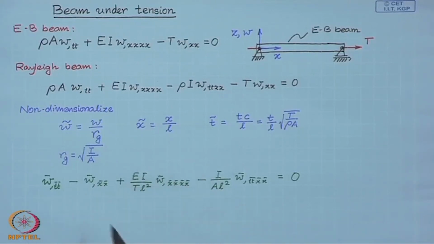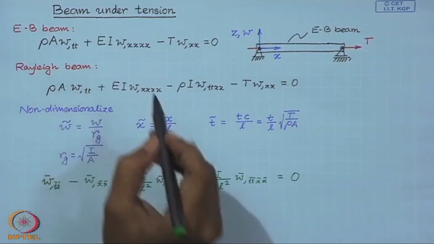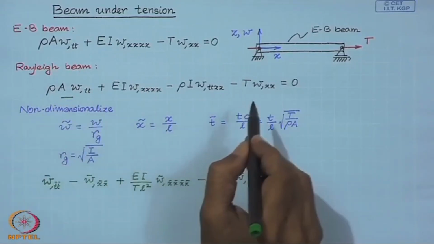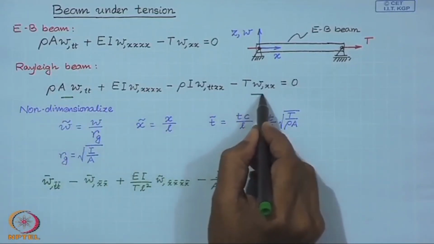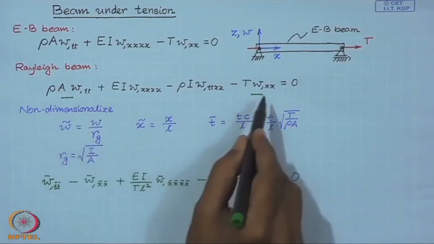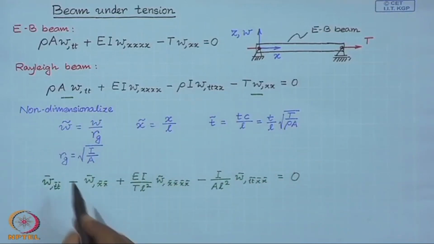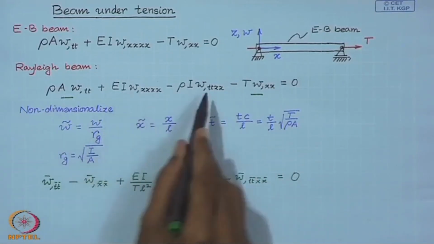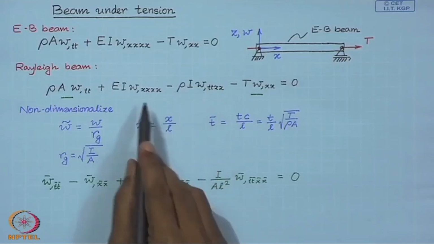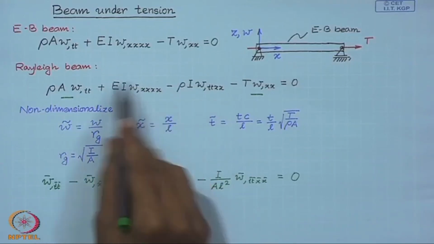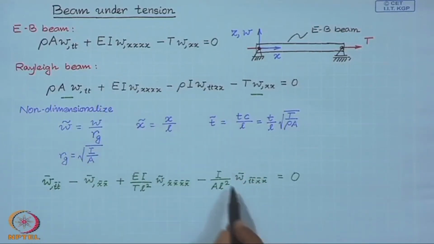Now, you see that these two terms are from the string equation of motion, whereas these two terms are from the flexural stiffness and the rotary inertia.